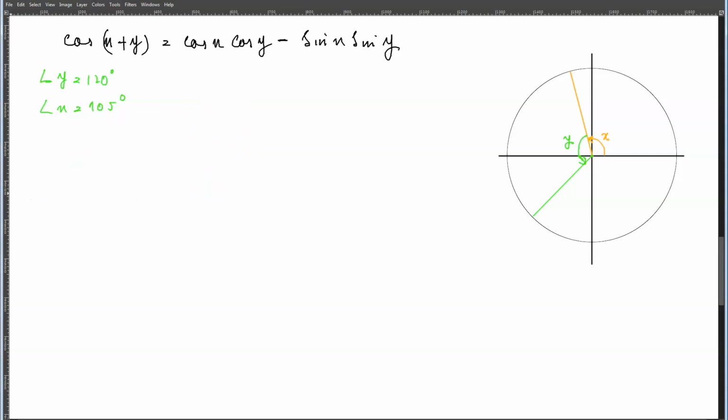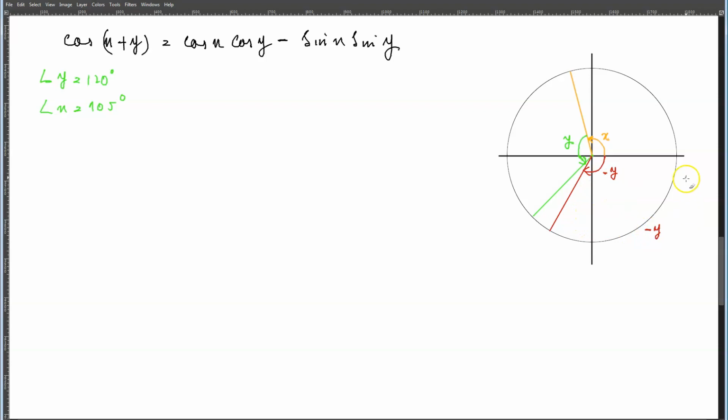Then we need the angle negative x as well. So the angle negative x, I'm going to create it using this color here. I'm sorry, negative y. So negative y is going to be negative 120 degrees. So I have to go, this is 90, and then I need to go another 30 in this direction. So that is going to be negative y, right?